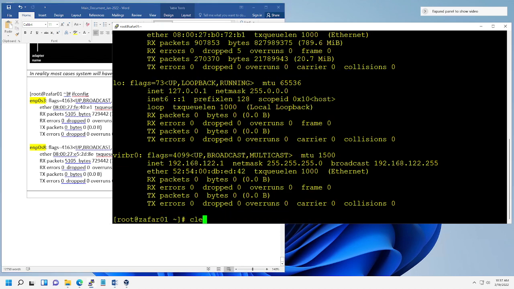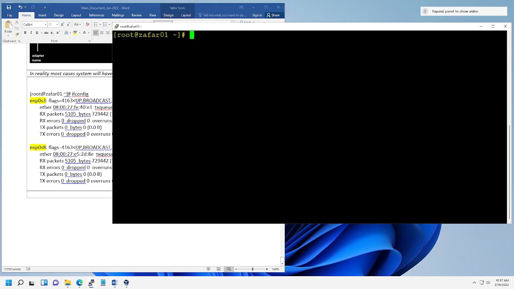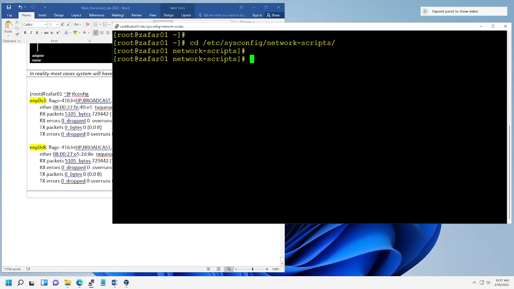Let me clear the screen and I'll tell you where this is. You're going to have to go to cd /etc/sysconfig/network-scripts. This is the directory where the configuration files will be sitting. Let me do pwd here.